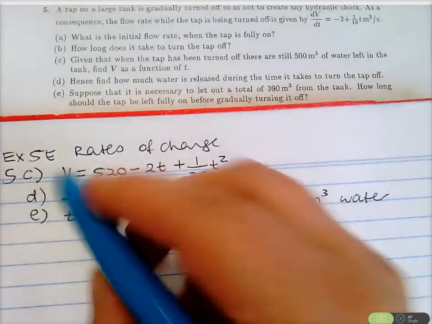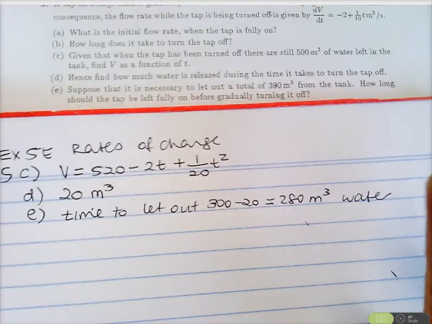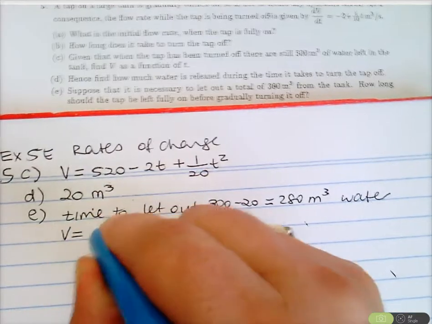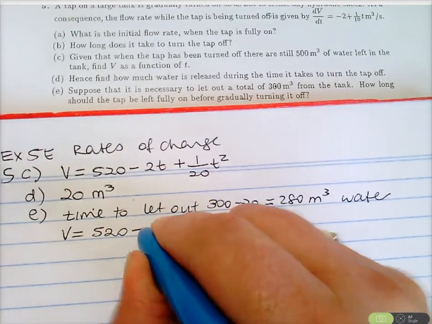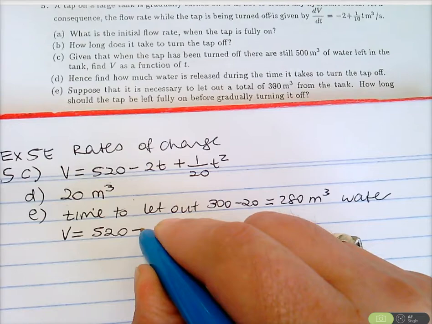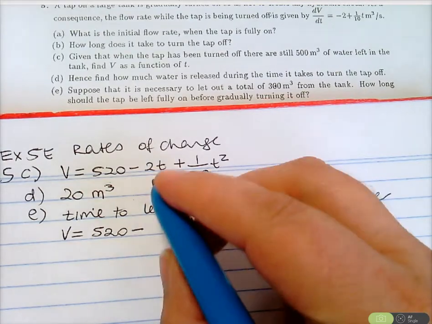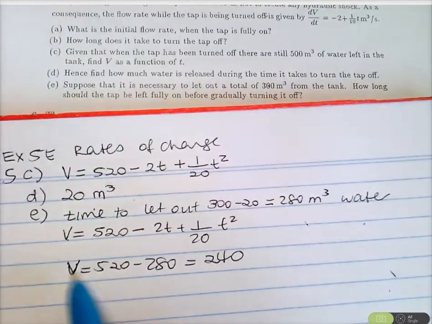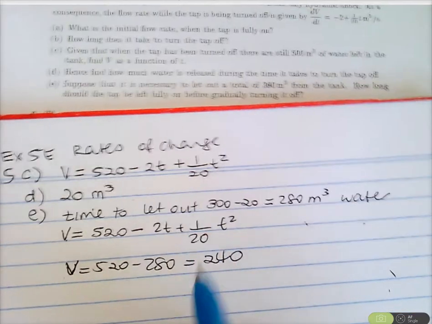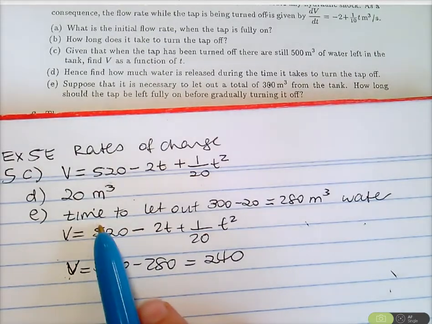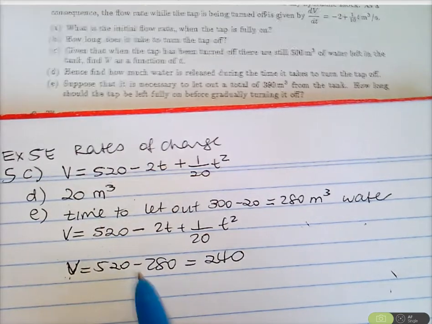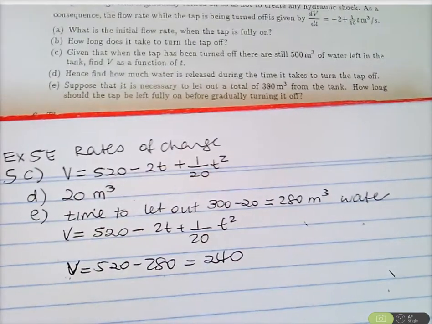V is the volume of water left in the tank at any one time. So I want the time when V is 520 minus 280, which is 240.